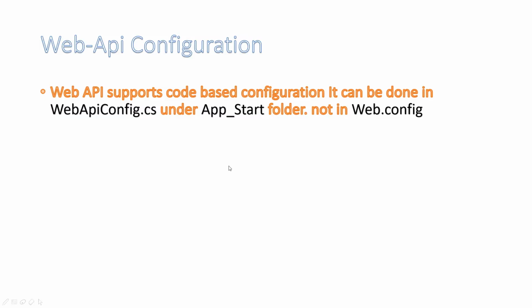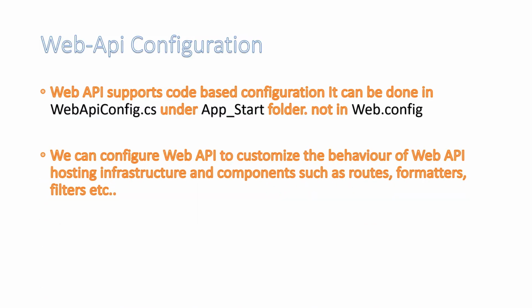So we can configure web API to customize the behavior of web API, hosting, infrastructure, components such as routing, formatters, filters, dependency resolver, message handlers, parameter binding rules, properties, services, etc. So these all can be configured in the web API config file.